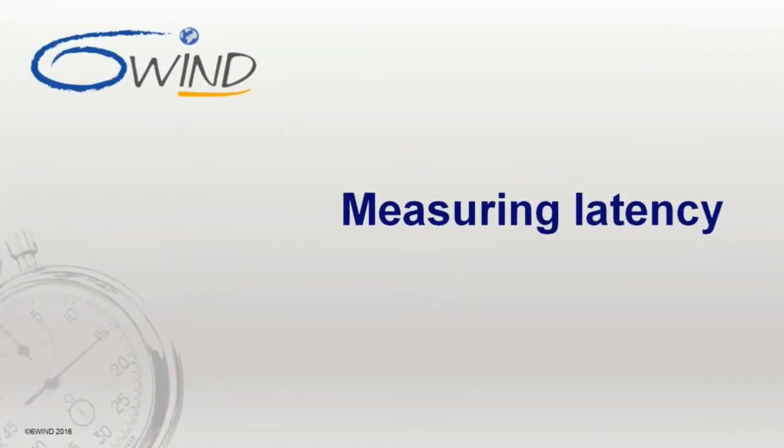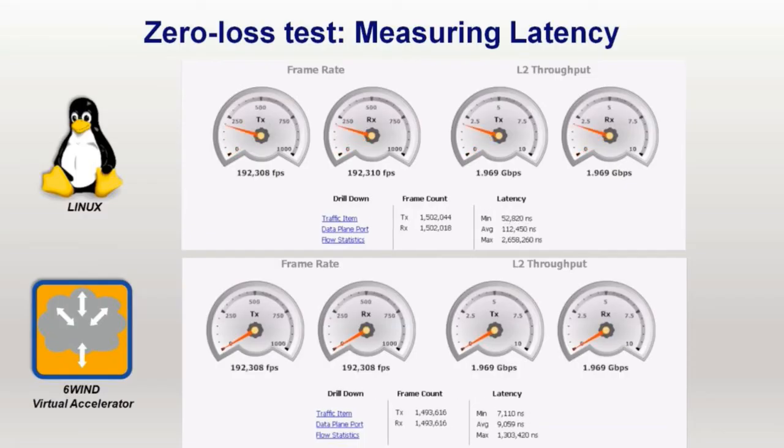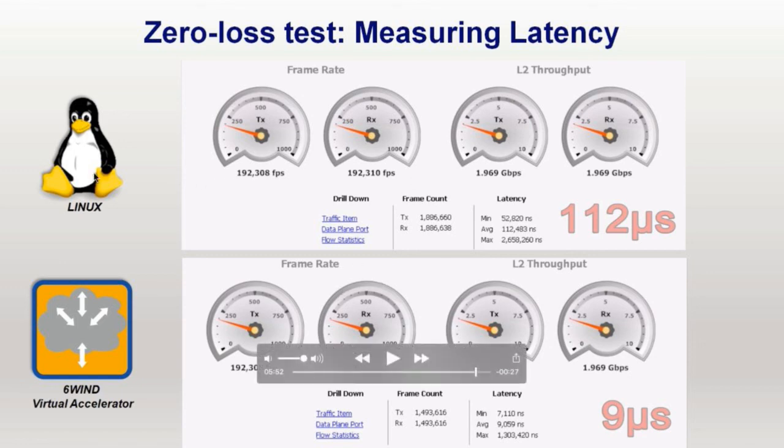So now, next for NFV, there is something which is very important. It's not only throughput, it's about latency. If you deploy some cloud RAN applications, latency matters. If you deploy some transactional solution in a data center, latency matters. So if we compare the Linux, any kind of OVS, Linux bridge, the latency can be pretty high. We get about 112 microseconds.